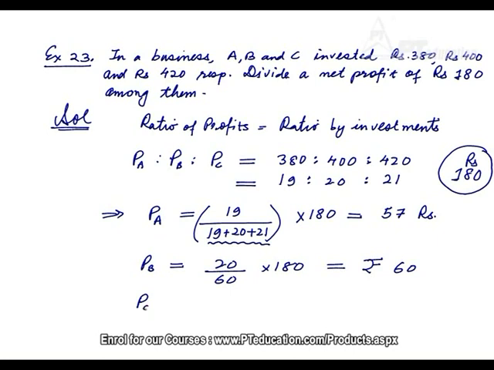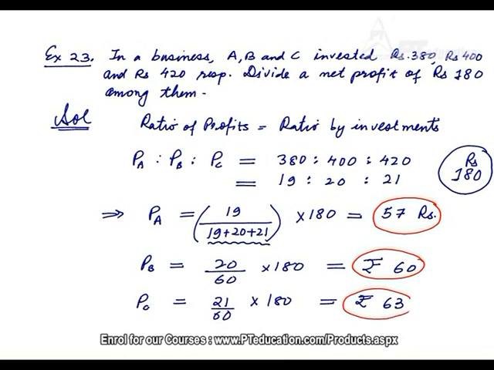And similarly, the profit of C will be 21 upon 60 into 180, which will be rupees 63. This is how this simple question can be solved. So our final answer, the profits are 57, 60 and 63 rupees respectively, which will be the ratio 19 is to 20 is to 21, which is fairly obvious. We take up the last example now, example 24.